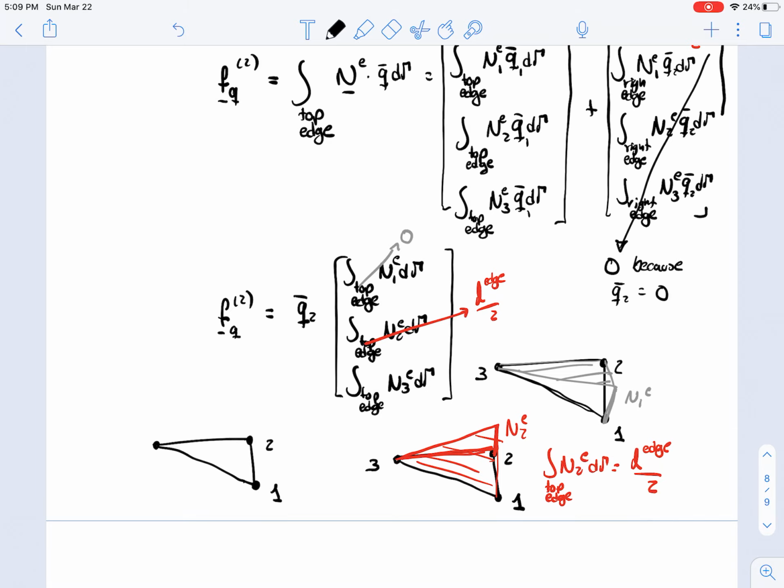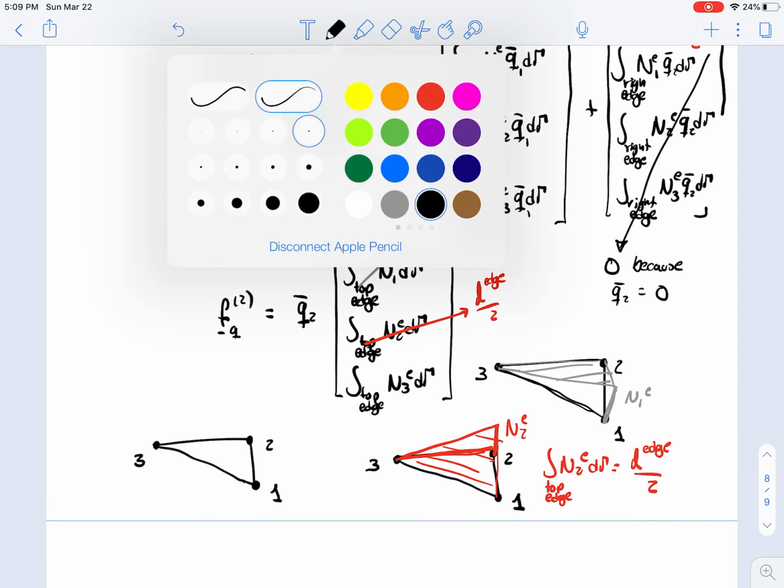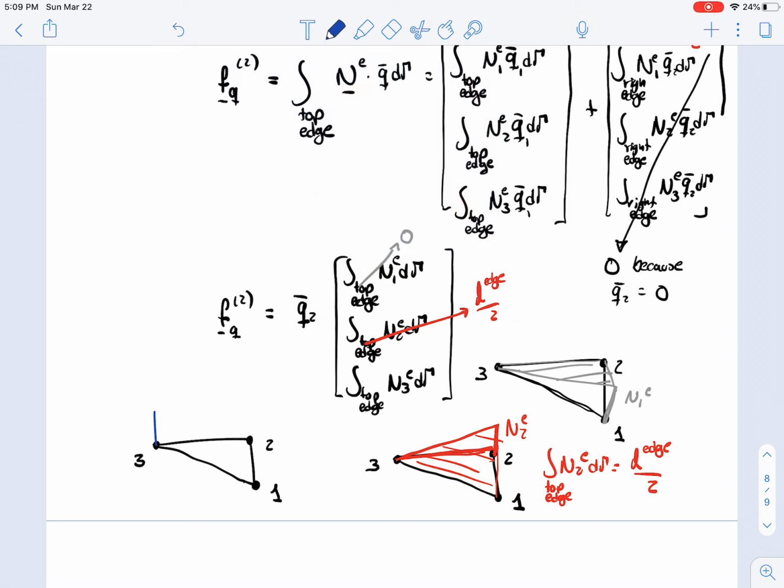So again, local node number 1, local node number 2, local node number 3. So N3 is a function that is 1 for node 3, and it goes to 0 for the other two nodes. But I only care about the integral over this edge.